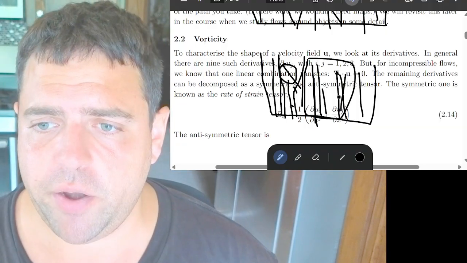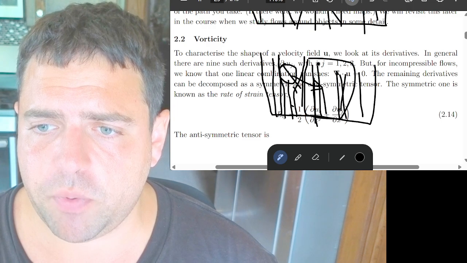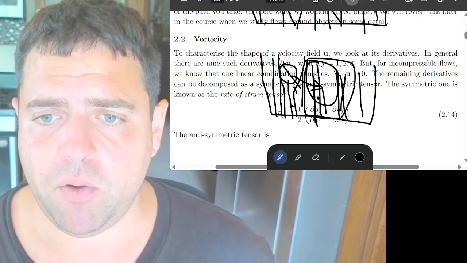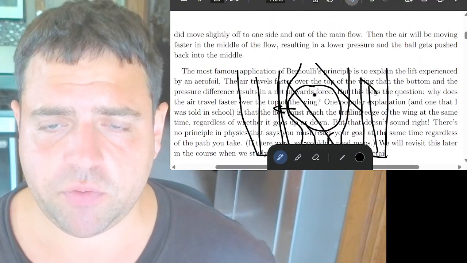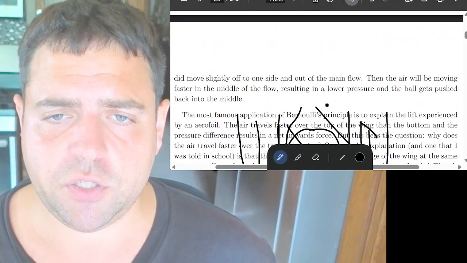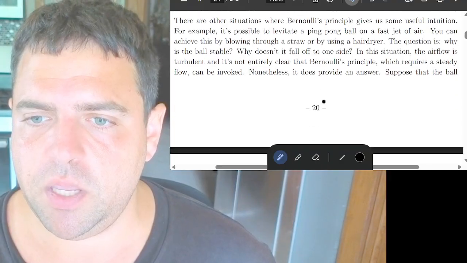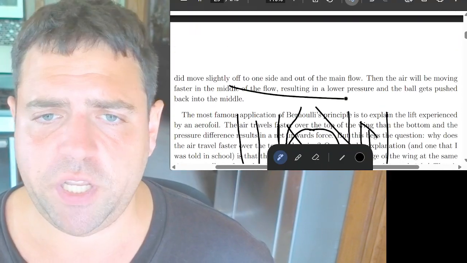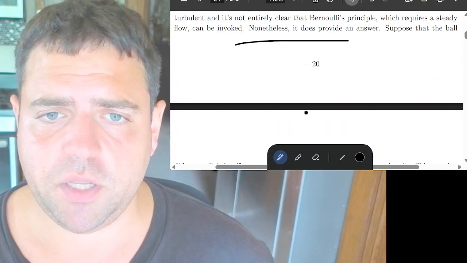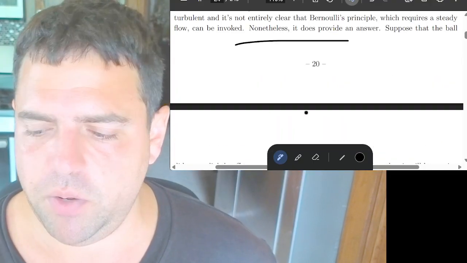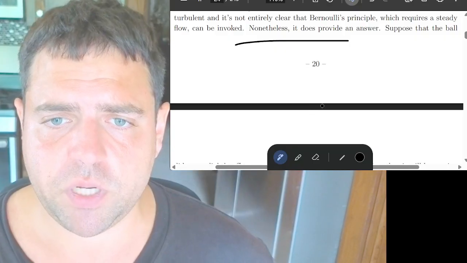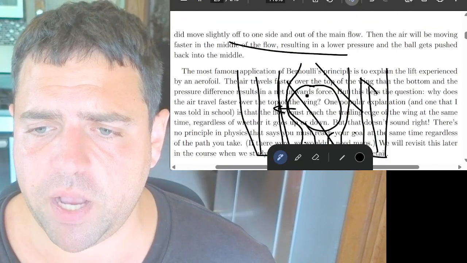Fronts move towards lower pressure areas. This ping pong ball is going to move towards the lower pressure area, back into the center. So that's really cool. Just from those kinds of arguments, we can say that this is a stable equilibrium, even though, like he says, there's vorticity and turbulence and a lot of complicated things in fluids that mean we can't just sit as theorists and we need to use a wind tunnel ultimately at the end of the day, but it provides that answer.